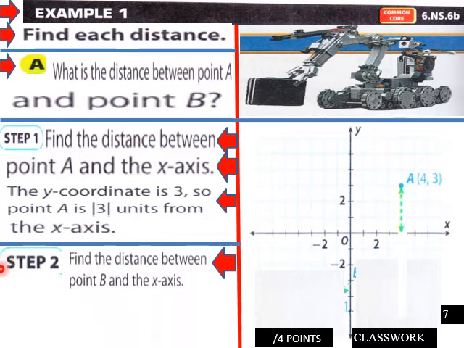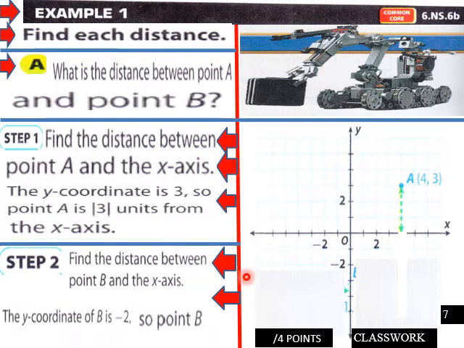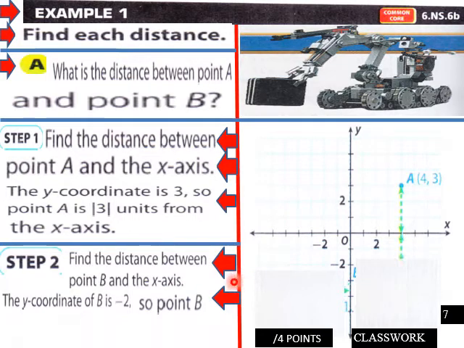Step 2, find the distance between point B and the x-axis. So we have a point here. The y-coordinate of B is -2. So you're down here, -2. This is point B down here.